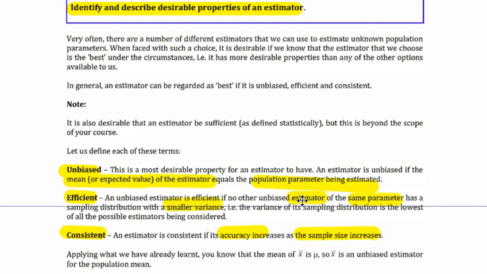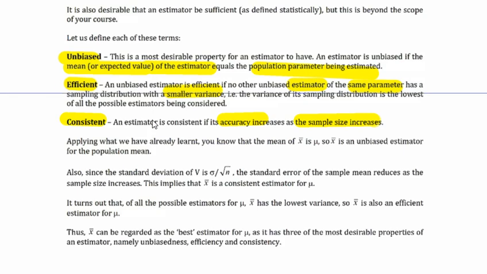As we increase the sample size, the larger we make our sample, all the way, if we keep on adding to my sample size, till I get to a sample size that is in fact the entire population, that's perfectly accurate, isn't it? Okay, so what we've got over here, guys, is the various properties of an estimator: unbiased, efficient, and consistent.